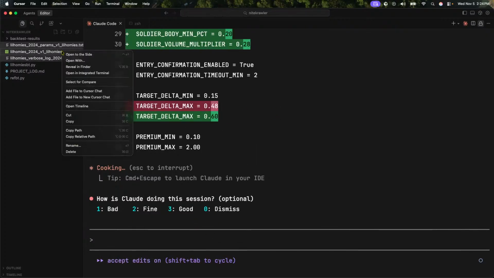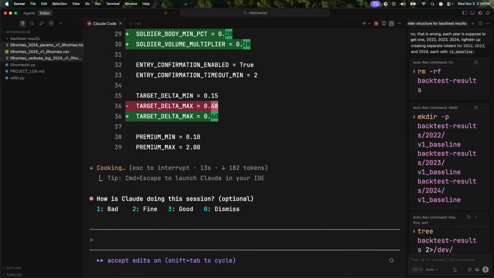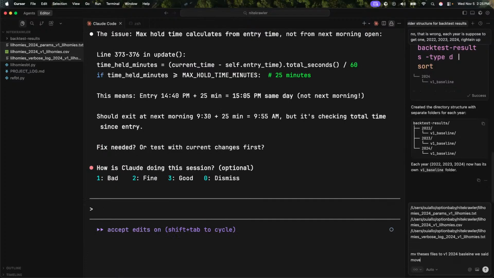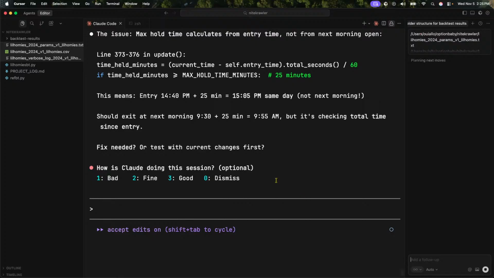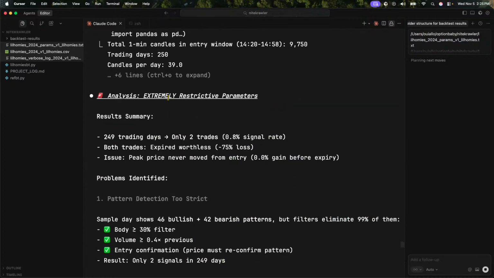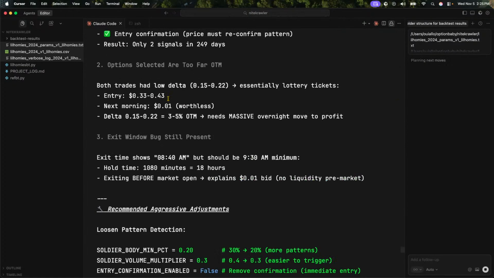All right. So what I want to do, move the files to V1 2024 baseline. We said move, do not copy them, move them.